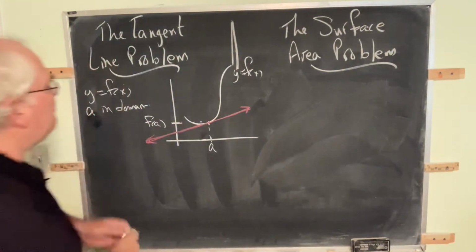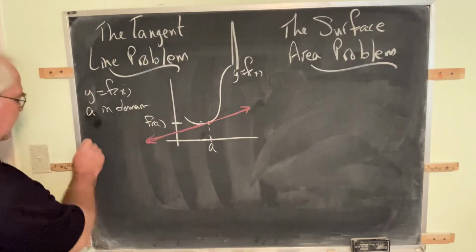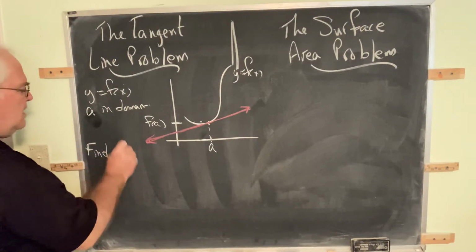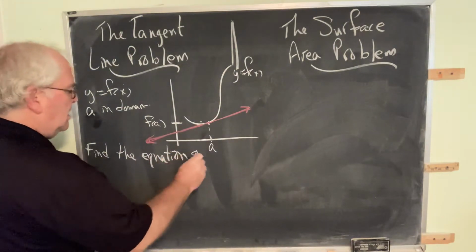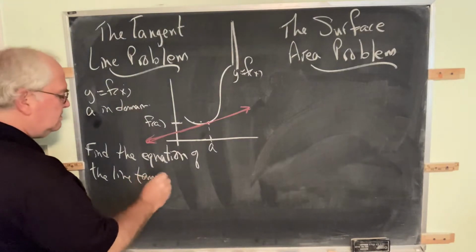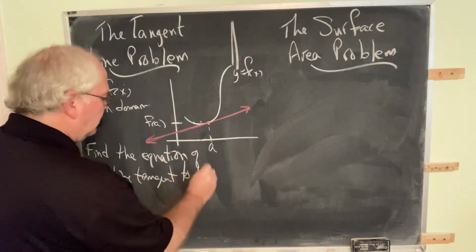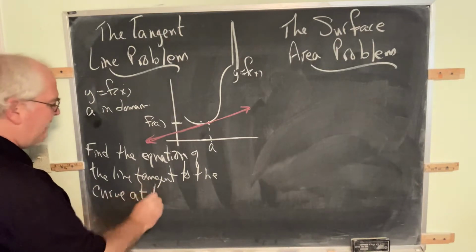The tangent line problem is this. This is the tangent line problem. Find the equation of the line tangent to the curve at the point.